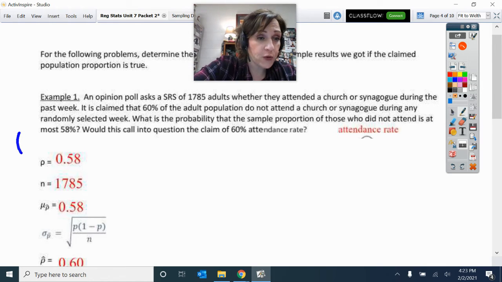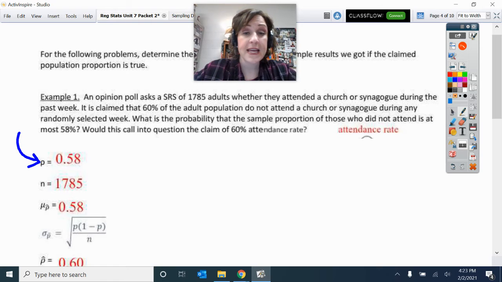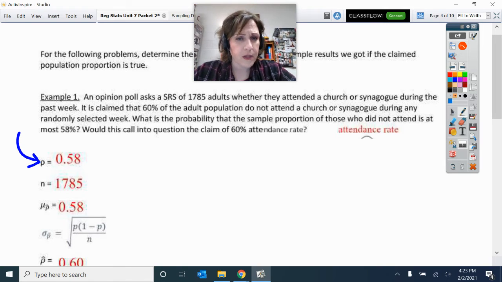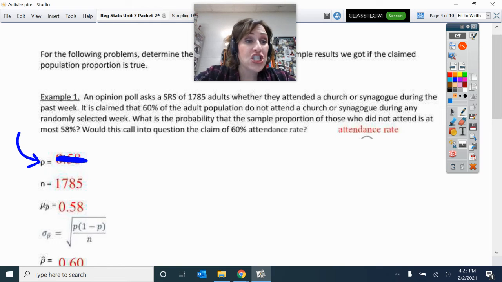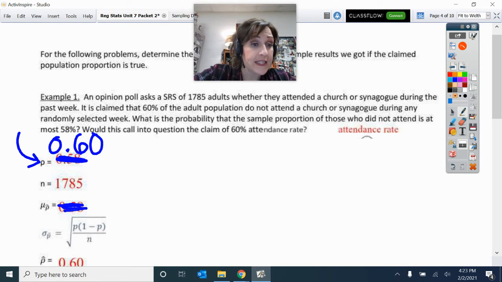So this regular old P, plain P, that is, well, I wrote that wrong. It is claimed that 60% of the adult population, so that's the claim. So that is where my samples should be centered, at 0.60. And so that's what the claim is for the population.